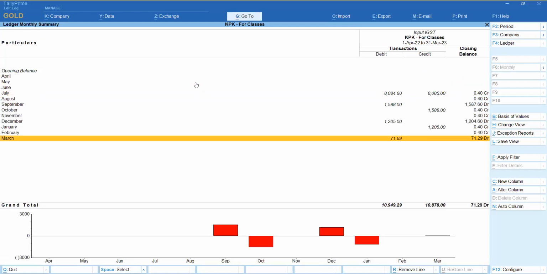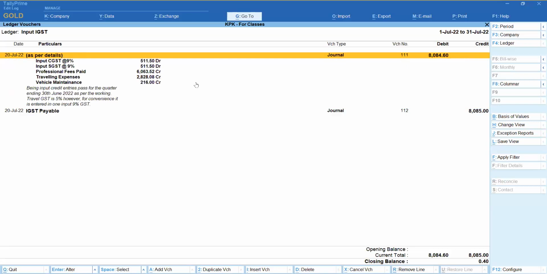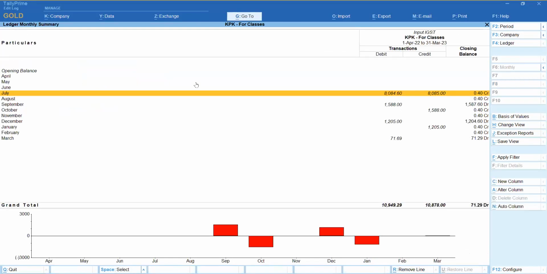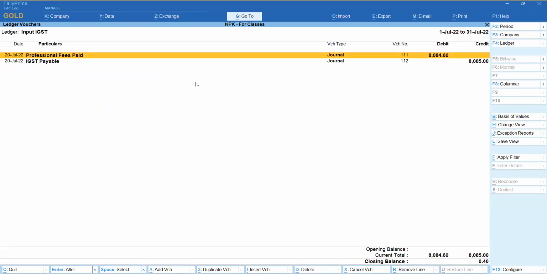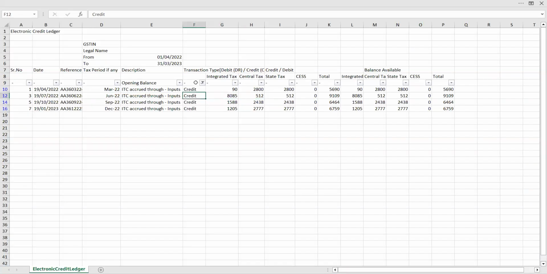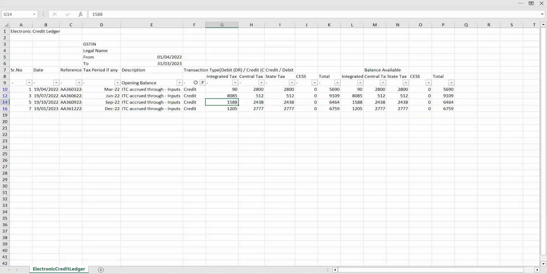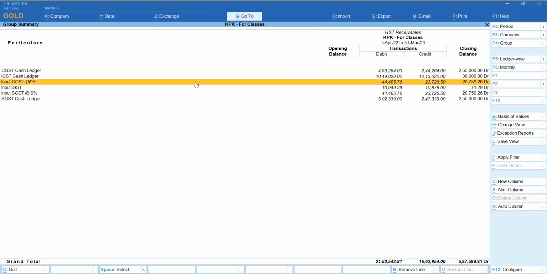Similarly, if you see input IGST, I have identified the invoice of that and I have claimed it on 20th July, I have taken it. Now, similarly, this is credit. Same way, September 22, 1588, 2438, 2438. You see, this is the IGST 1588. I have taken 1588 and CGST, SGST.